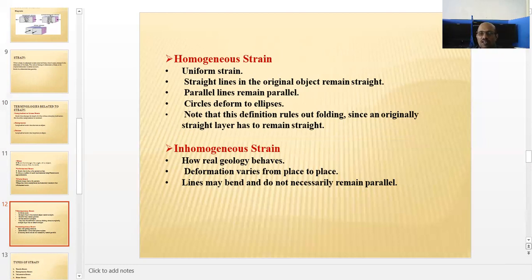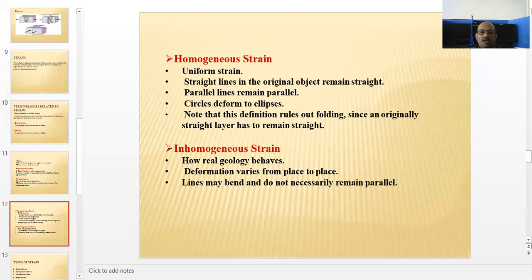Whenever we load a circular object, the circle becomes an ellipse. Suppose a circular rod is there. If you apply a load on it, it will automatically come into an odd shape. It will become an ellipse or some other shape.